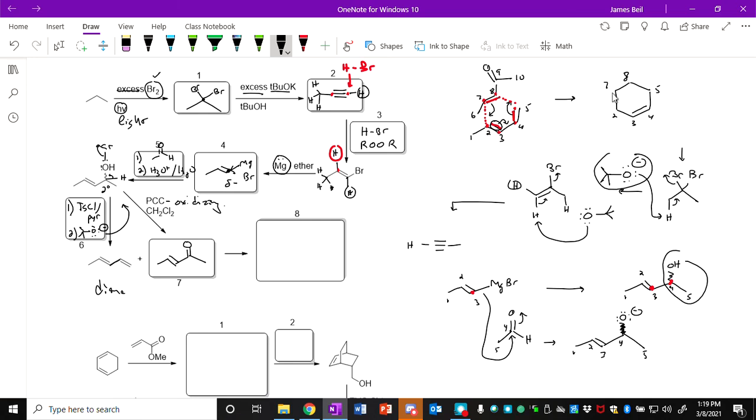So that makes the new 6-membered ring. Carbon 2 has a methyl group, and carbon 7 has a methyl group, right? So there's still 1 connected to 2, and 6 connected to 7, and 8 is connected to this C-O double bond system, carbonyl system.